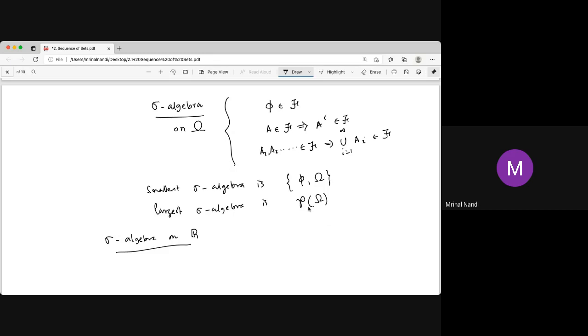There is a contradiction: if you want to define some measure on the power set, that leads to a contradiction. And if you define a measure or probability on the smallest sigma algebra, that is not interesting.